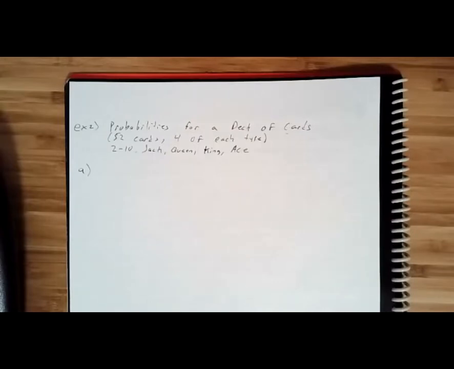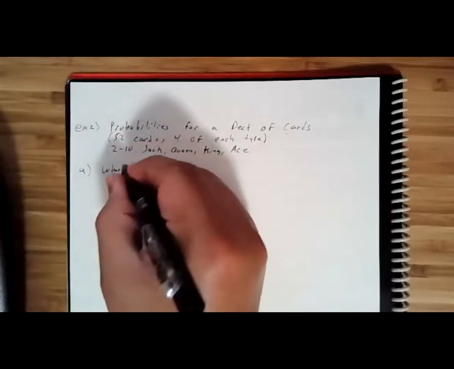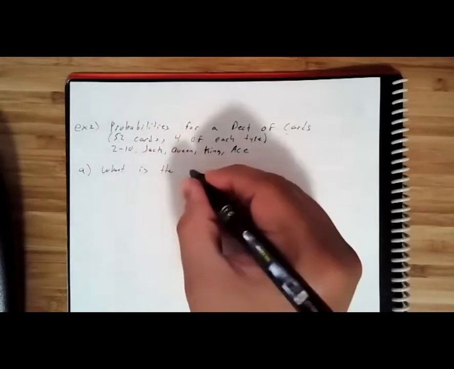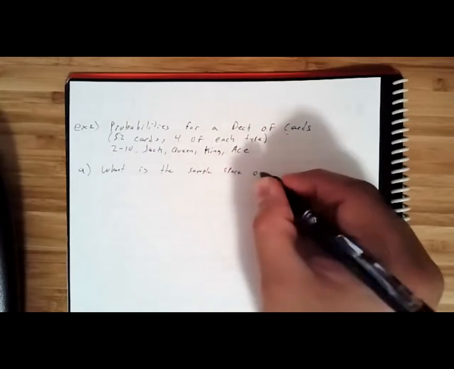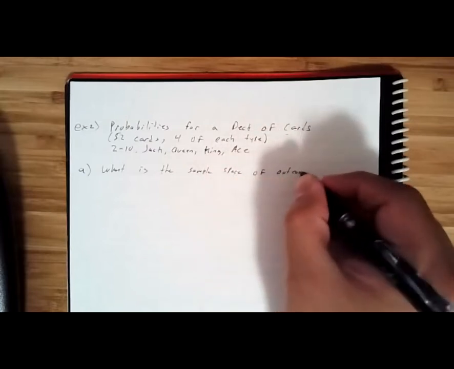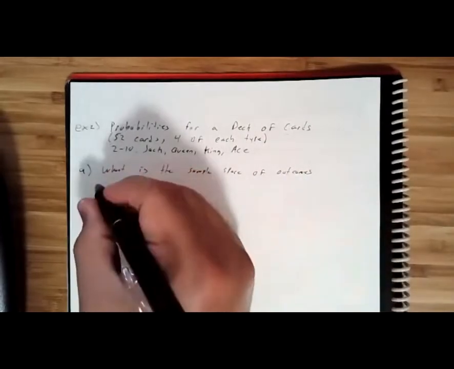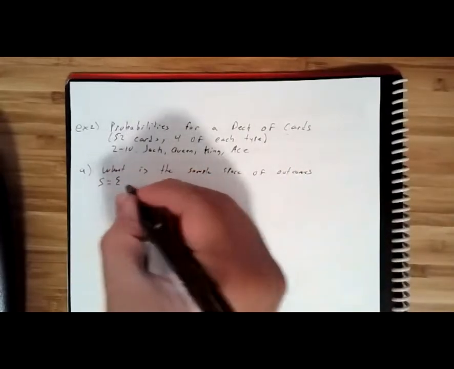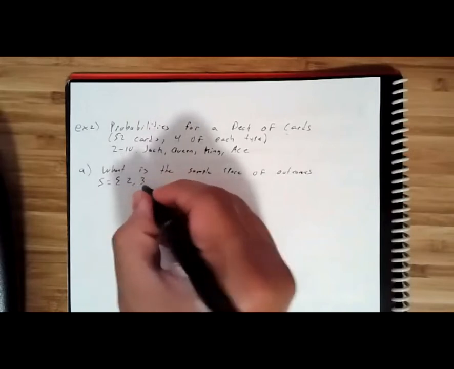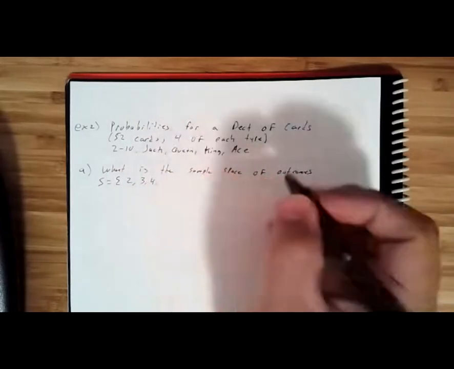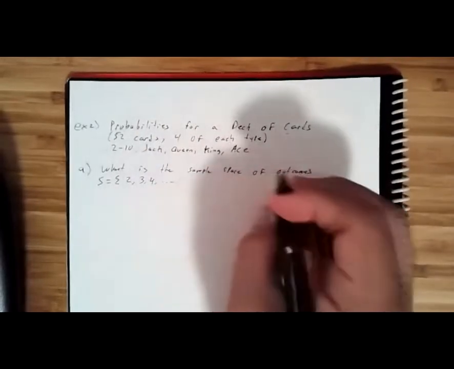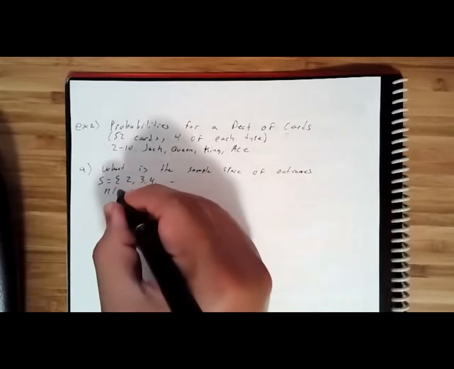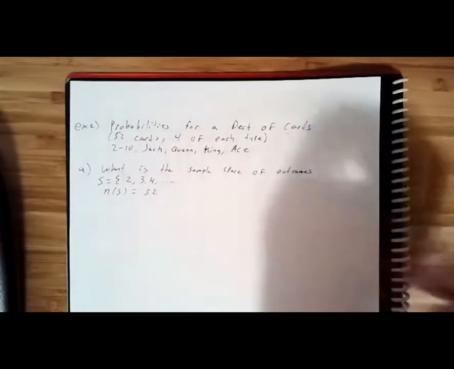What is the sample space of outcomes? S would be equal to the 2, the 3, the 4, all the way, and there's 4 of each type, so it's a ton of them. To keep it simple, we'll say that the number in S is equal to 52.